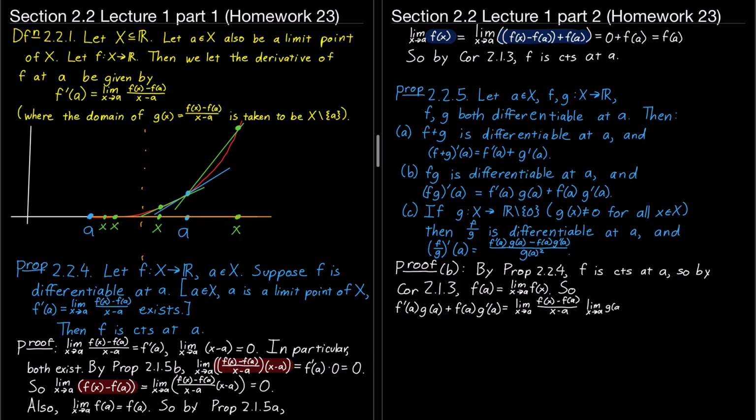I'm going to go ahead and write that as the limit as x approaches a of g of a. And then by what we said before, our f of a is the limit as x approaches a of f of x. And then we've got the limit as x approaches a, g prime of a is this difference quotient. And notice all four limits exist.